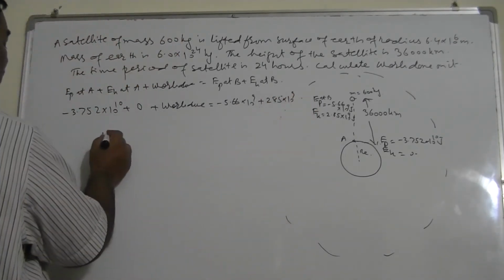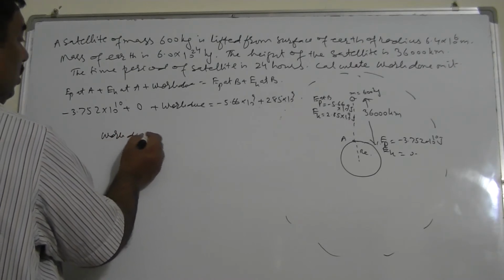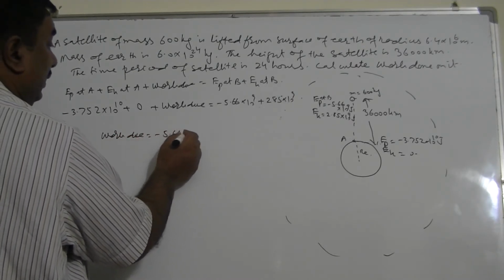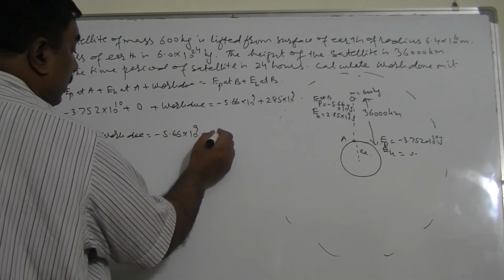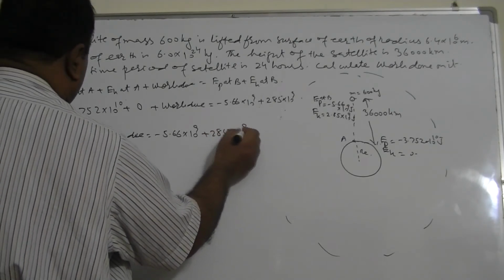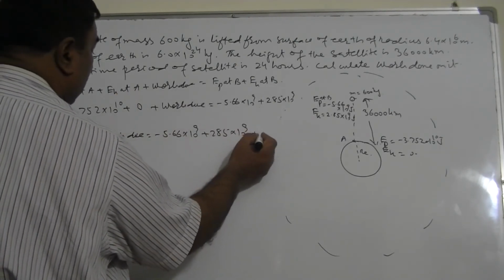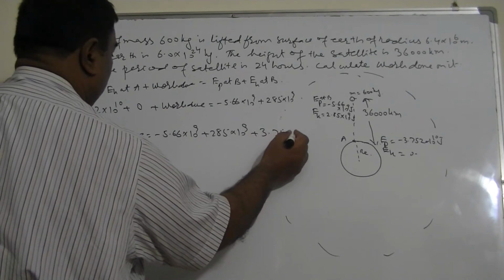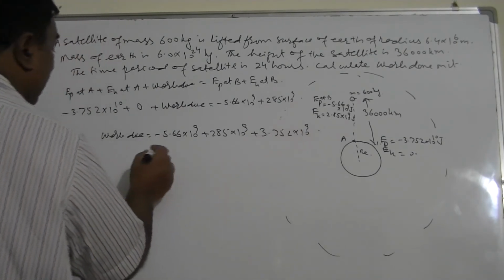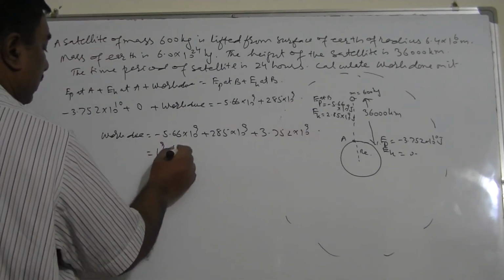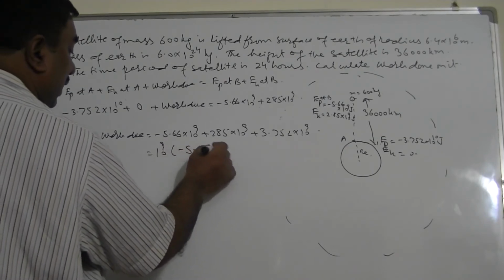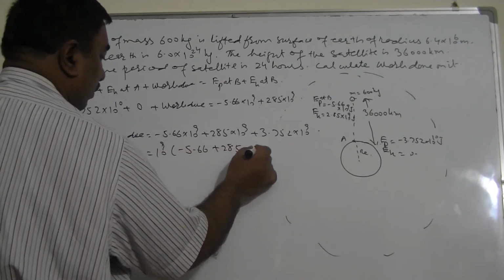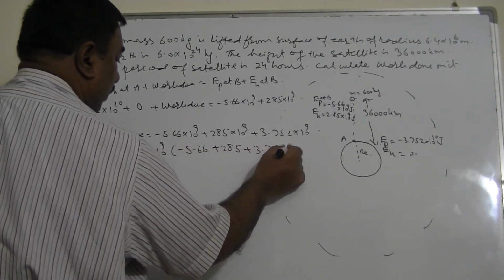So work done will be equal to minus 5.66 into 10 power 9 plus 2.85 into 10 power 9, and this is minus, it will come here plus, 3.752 into 10 power 10. Now 10 power 9 is common. I can just calculate minus 5.66 plus 2.85 plus 37.52.